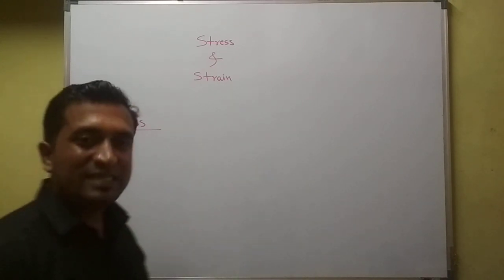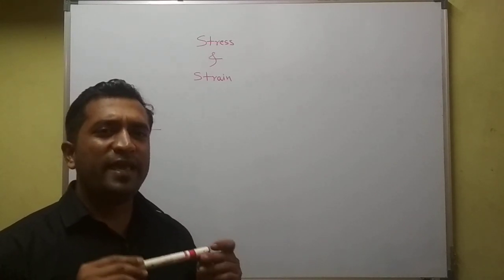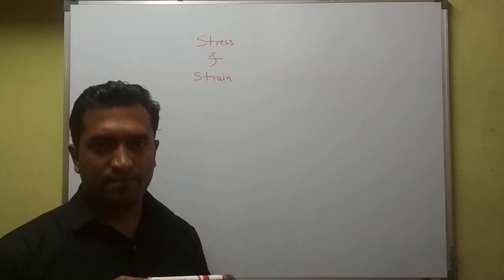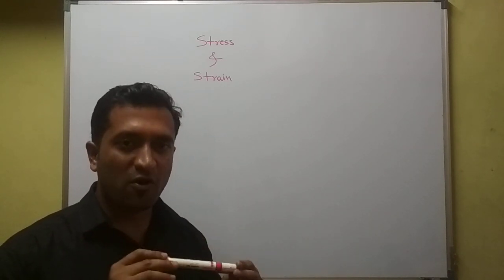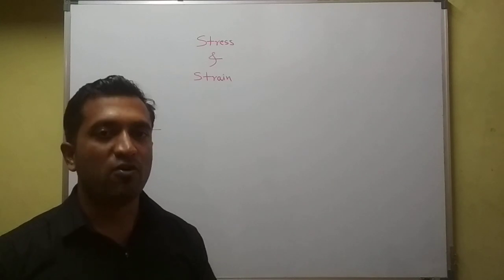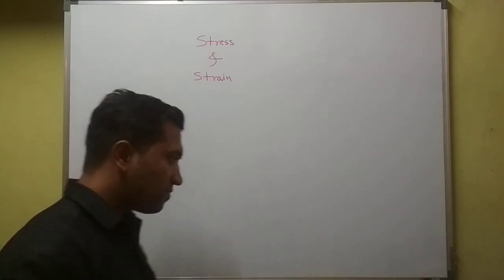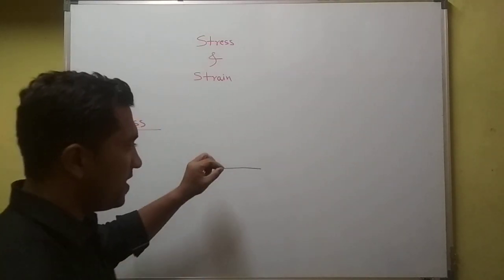First, what is stress? When you apply any load on a body, that body will get deformed. But before getting deformed, that body resists the deformation. For the best example, I'll show this steel wire.